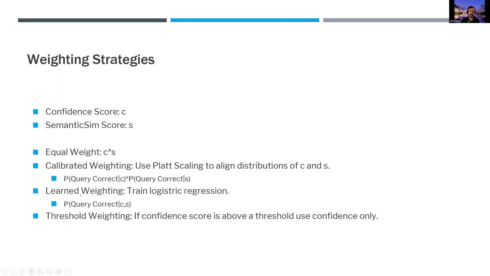We could also learn a weighting, so basically training a logistic regression on these two scores, which then returns a weighting. Another thing that we saw is that if the confidence score is quite high, then it's most probably already quite good. So we say that if the confidence score is above a certain threshold, we ignore the semantic similarity score. So we tried a couple of different weighting schemes.